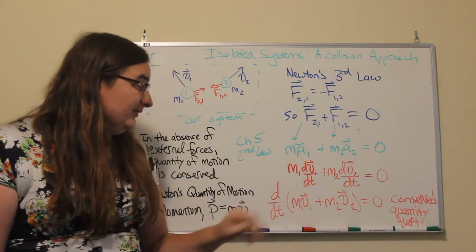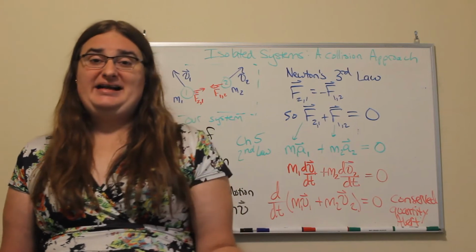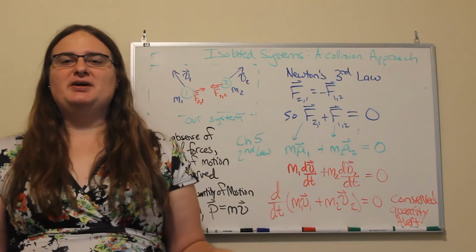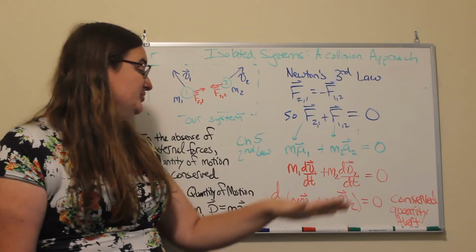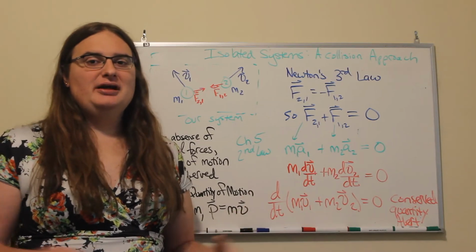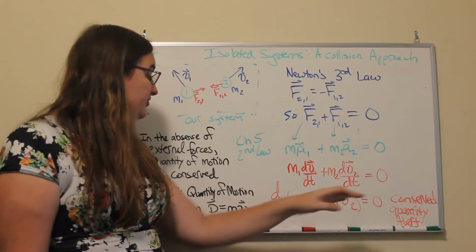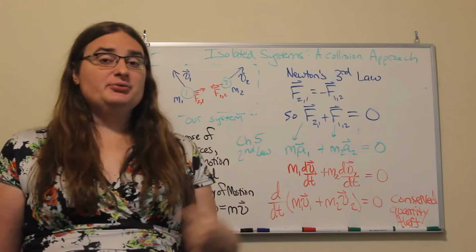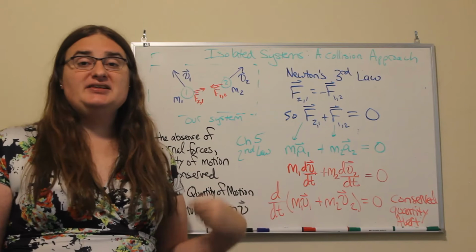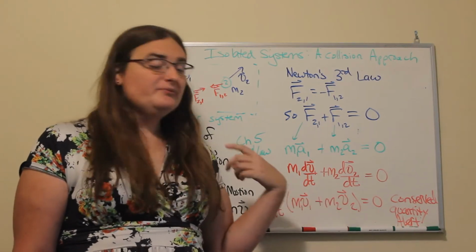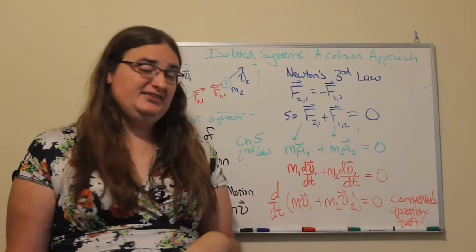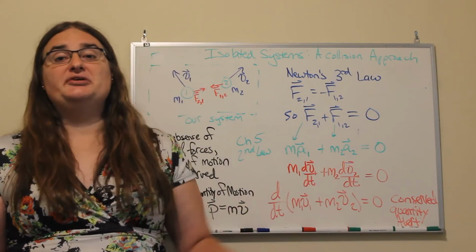Now, as long as we have constant mass and we're still in the universe of particles right now, so that's an okay assumption, and we aren't speaking relativistically yet, I could distribute out that derivative. And that derivative then tells me that my derivative with respect to time of my quantity mass 1 times velocity 1 plus mass 2 times velocity 2 has to equal 0.